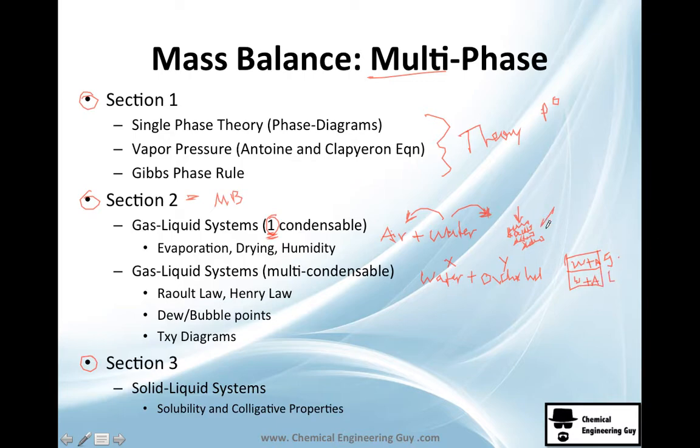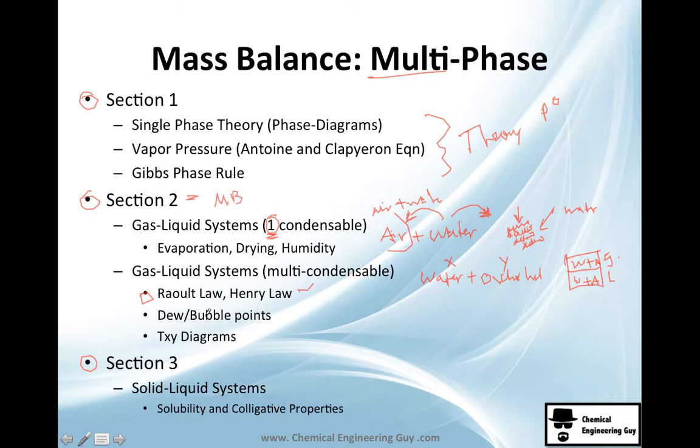Whereas here we only had water, not air, and in air we had air plus water. But here we have water and alcohol in both phases. We're going to use these rules: Raoult's law, Henry's law.